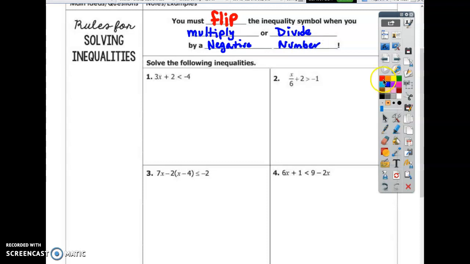Okay? And what I mean by flip, if it looks like this, and I multiply or divide by a negative number, then we're going to flip it the other way.